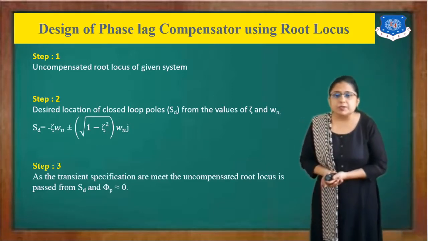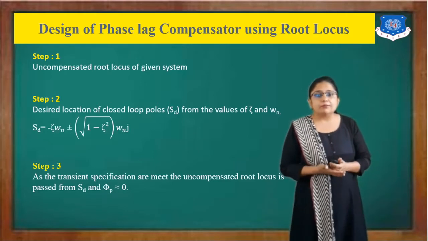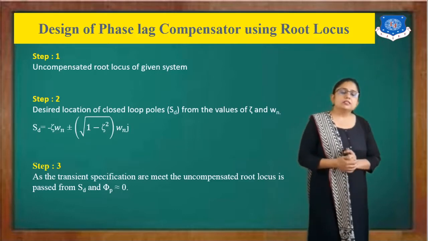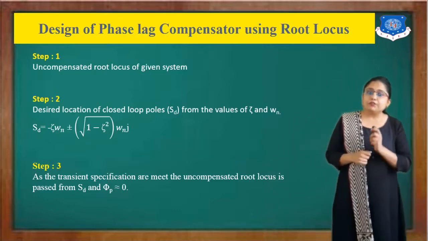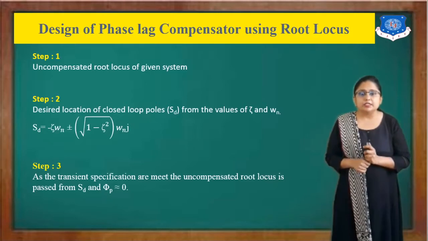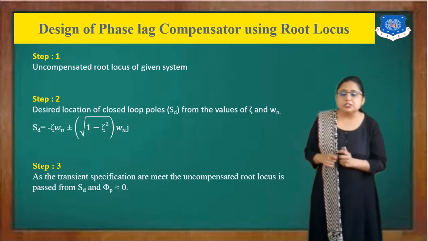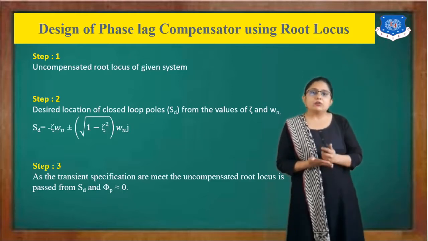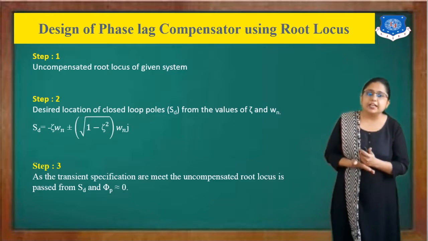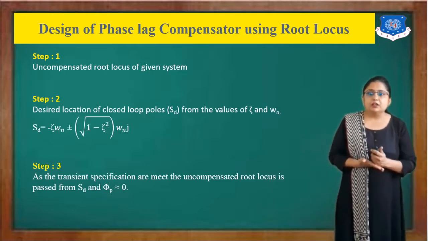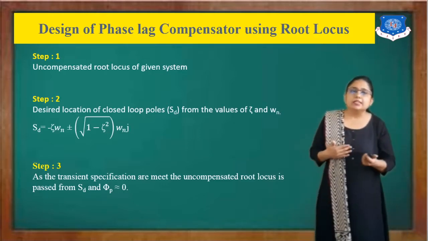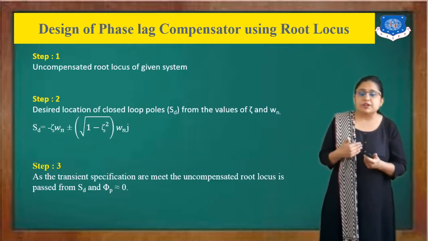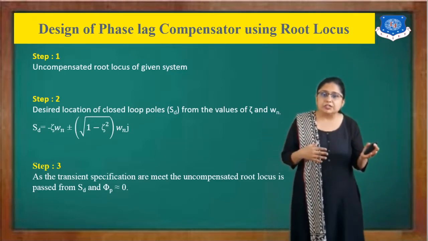As the transient specifications are met, the uncompensated root locus passes through the s_d. Now here, if you remember, in a phase lead compensator the uncompensated root locus does not pass through the s_d. That's why I have to use the phase lead compensator. So, for example, in an exam, if the question is asked, design a suitable compensator, they are not specifying whether it is a lead or lag compensator.